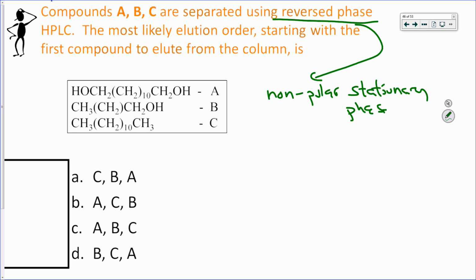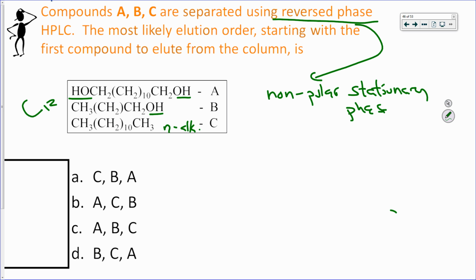And I want to know, given these three compounds, how they're going to elute off the column. So all of these, if I look at the structures, they all have 12 carbons in them. They're all C12s. Okay. C is a straight chain N-alkane, so it's an N-alkane. And then I've got one that's a single alcohol, an N-alcohol. And then A is a diol.